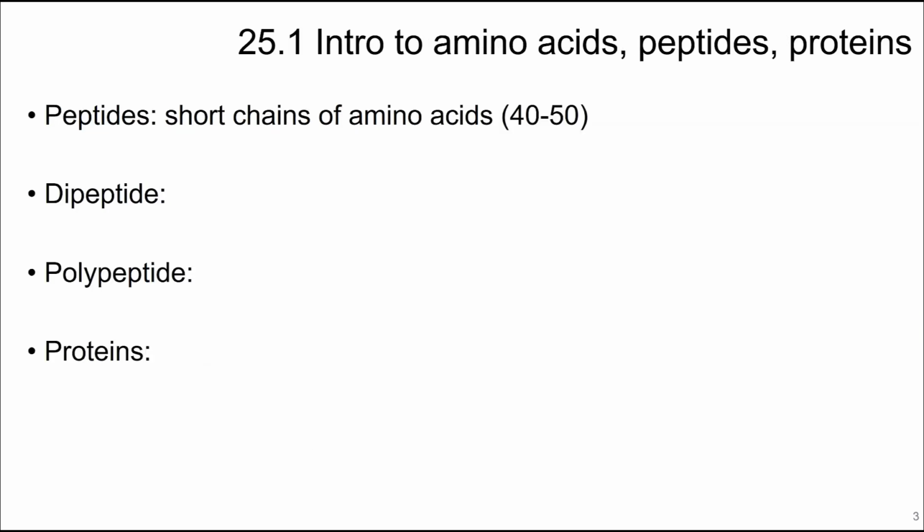A peptide is a short chain of amino acids, usually fewer than 50. A dipeptide is 2 amino acids. A polypeptide would be 2 to 39 amino acids.